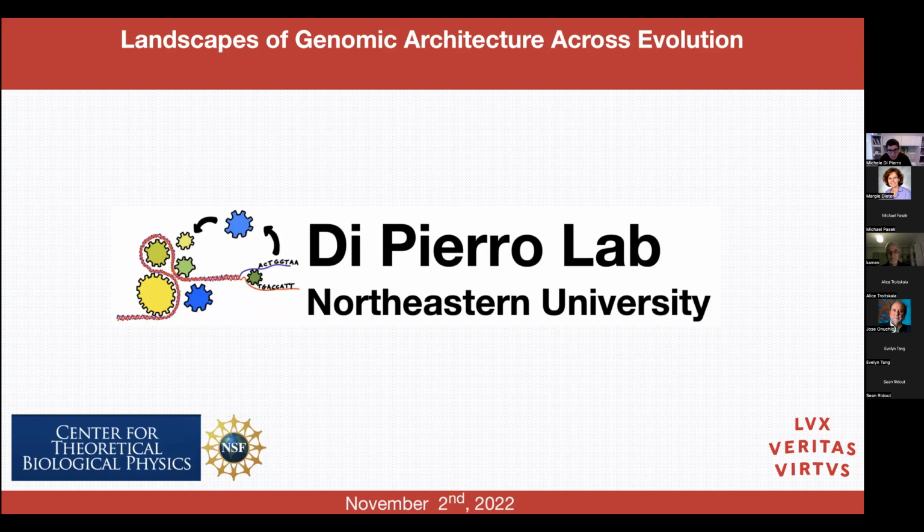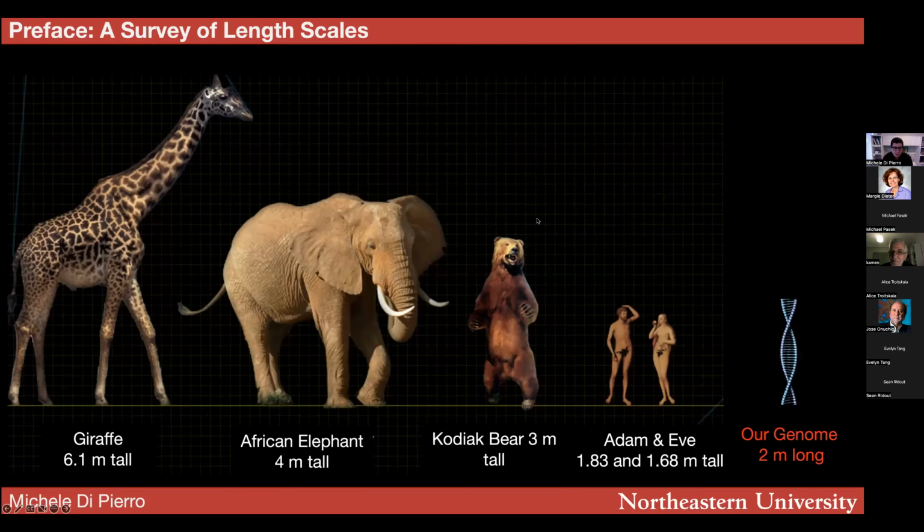So my lab is interested in genome architecture from the point of view of theory, which is also one of the major directions of the Center for Theoretical Biology of Physics. The first thing to notice is our genome is very long.